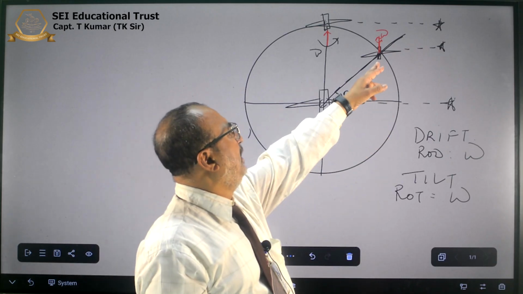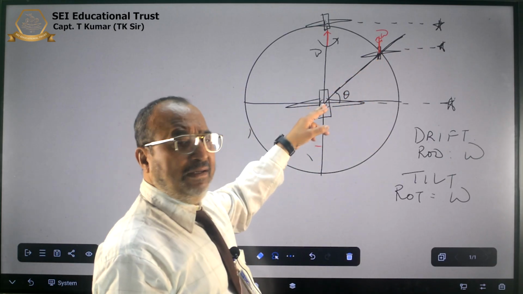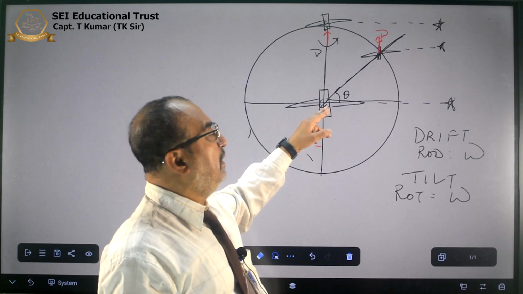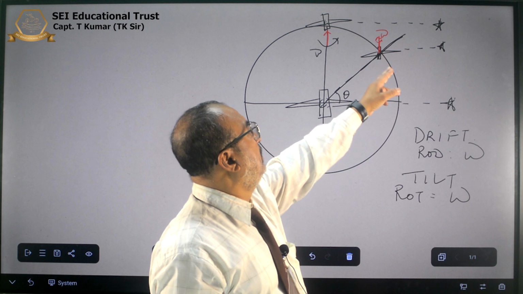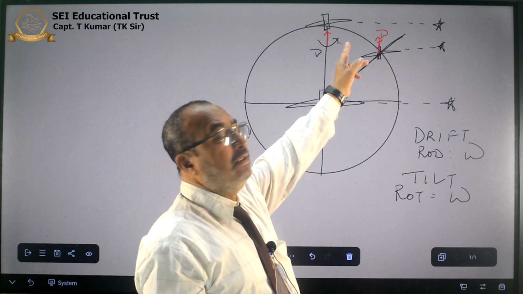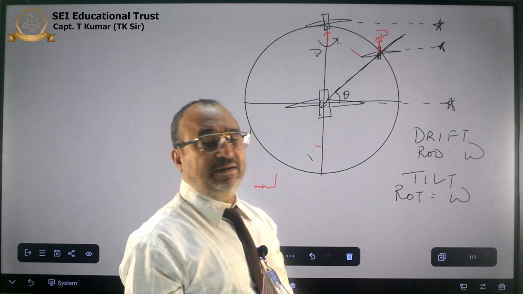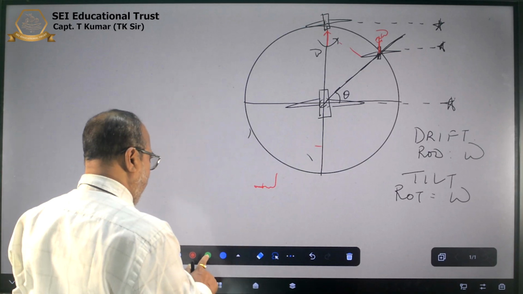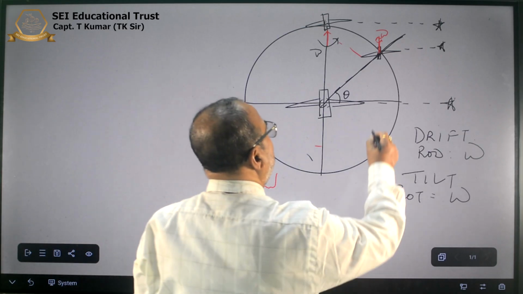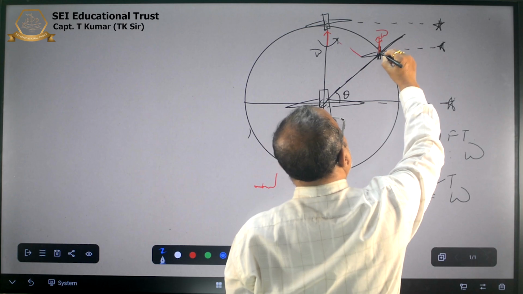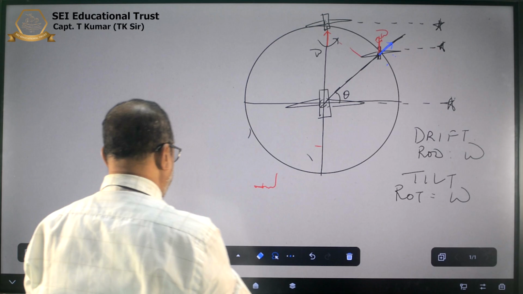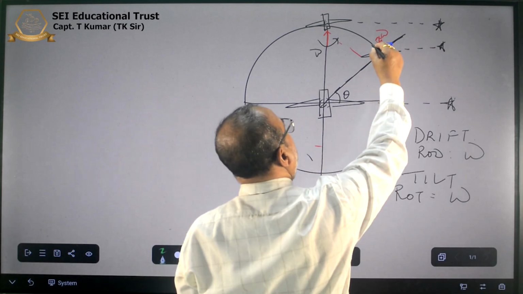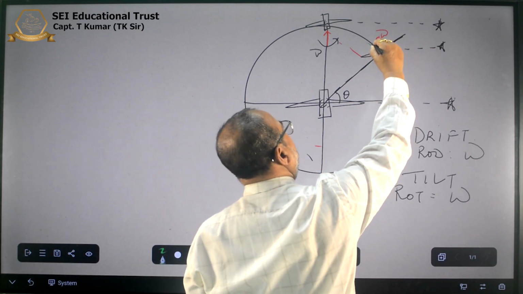One component will lie along this plane, which is passing through the center, and the other will be at 90 degrees to that, that means along the meridian. So one is here, this is the plane, and another one will be along this meridian.